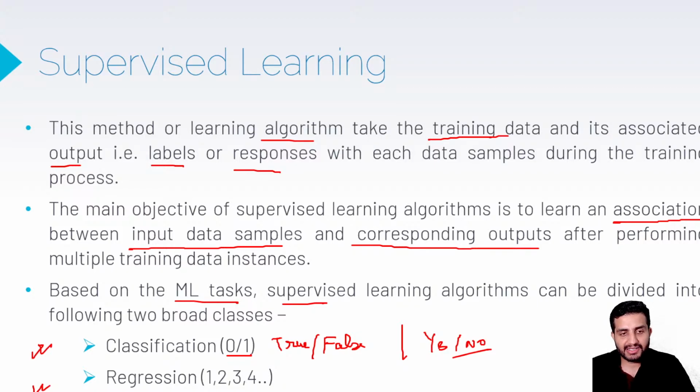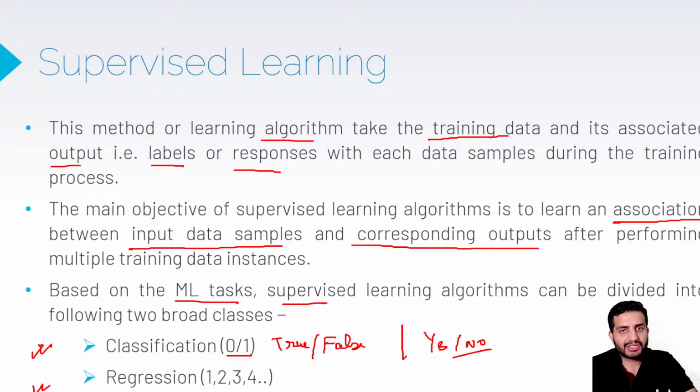The second is a regression problem. A regression problem is the one where the output is more of a continuous number. Like when I say a stock price, or the salary of an individual, or the price of my house, it's not a class, it's a number.